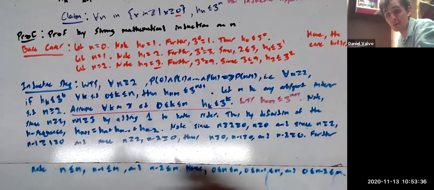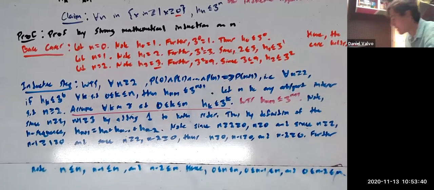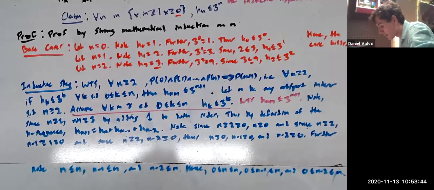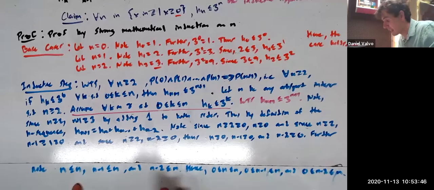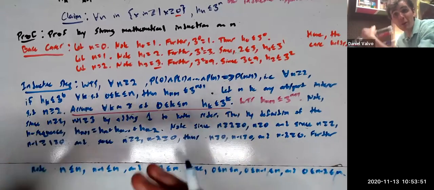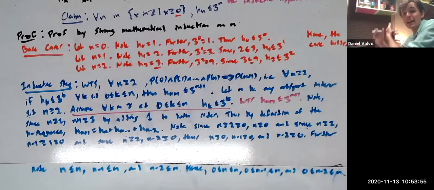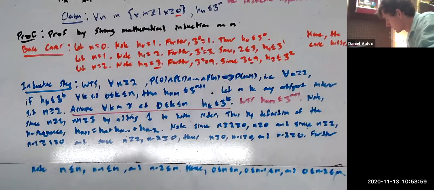Anyway, the point is we've just shown that n, n minus 1, and n minus 2 are all in this range up to n, and we're assuming by our inductive assumption that everything up to n holds, and from that we want to show that n plus 1 holds, so that the claim will be true for n plus 1.